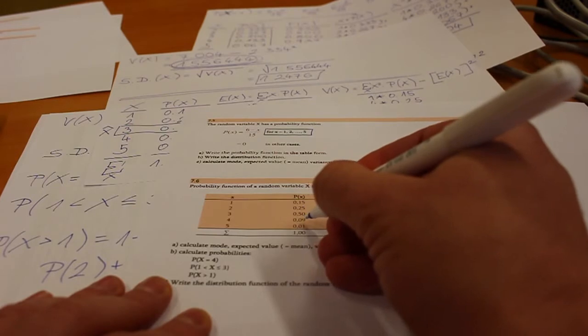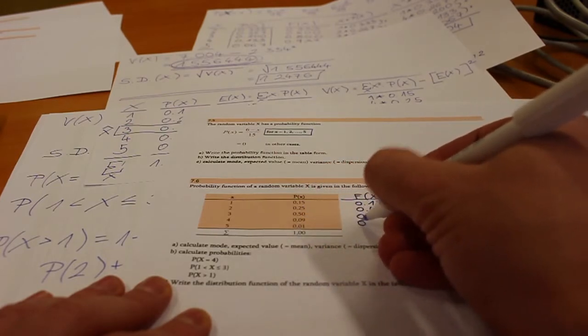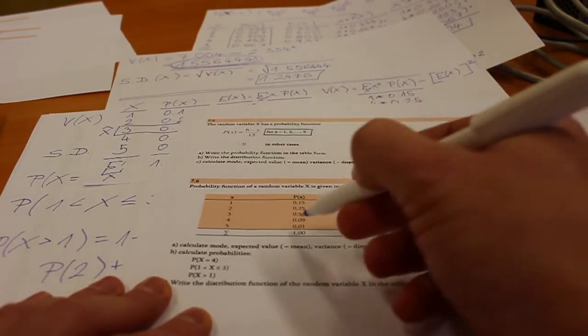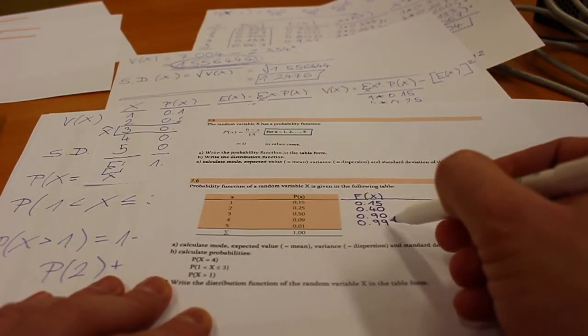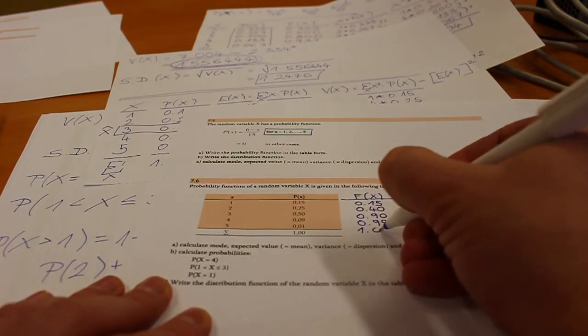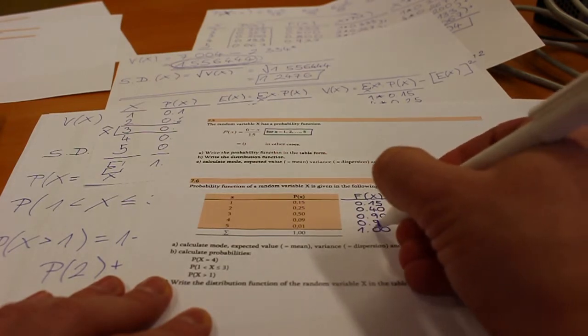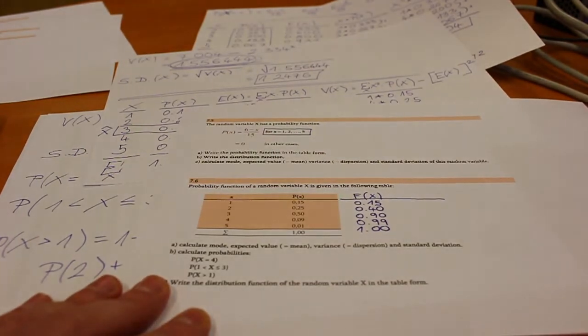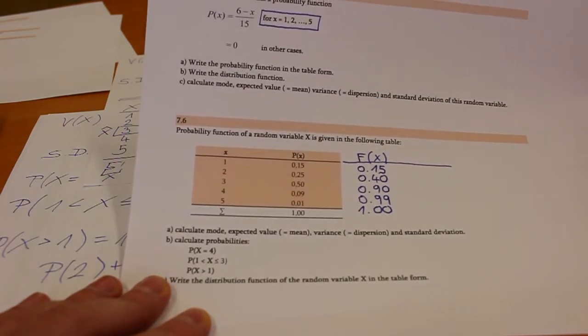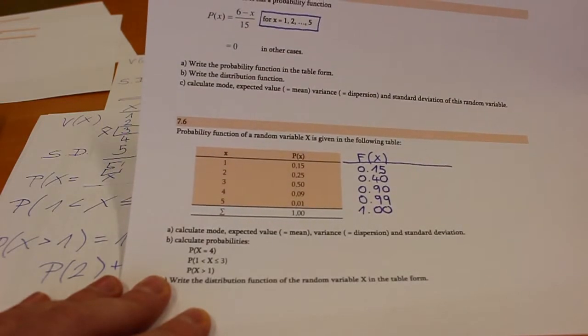Plus 0.09 is 0.99, and the last value 0.99 plus 0.01 is 1.00. Yes, so there is the distribution function in the table form.